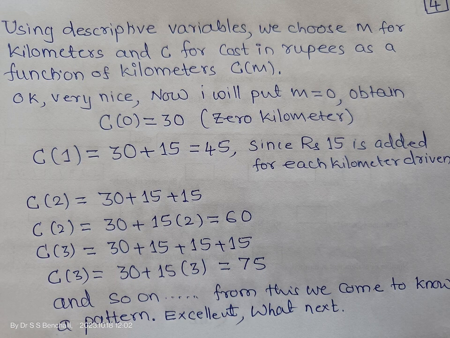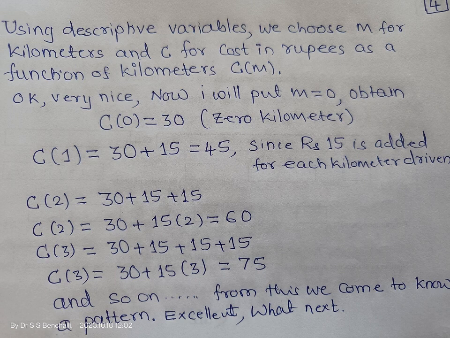It means I have defined a function. What is the notation of the function? C of m. Just as we write y is equal to f of x or simply f of x, in exactly the similar way I have written my own function like c of m. Is it clear? Okay, very nice.